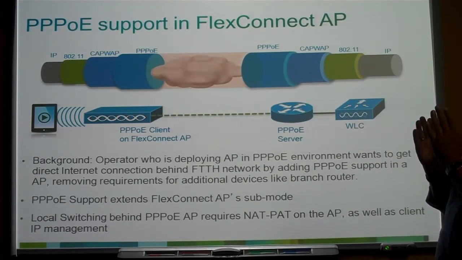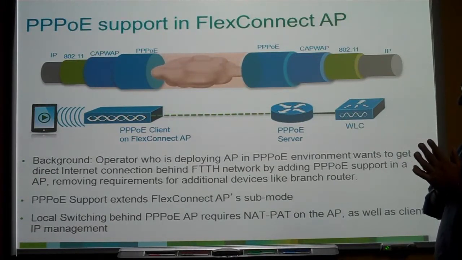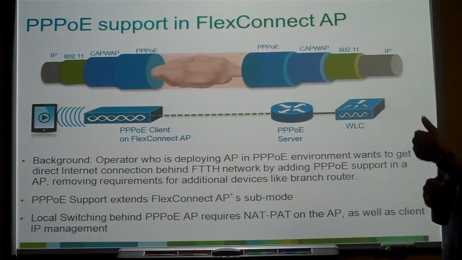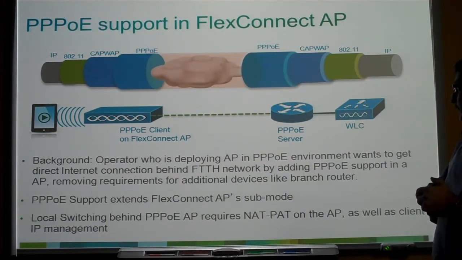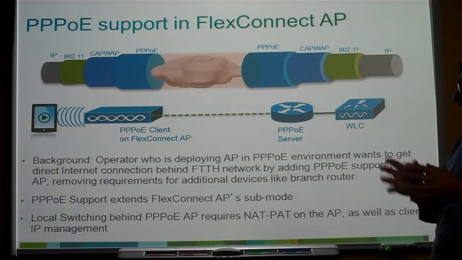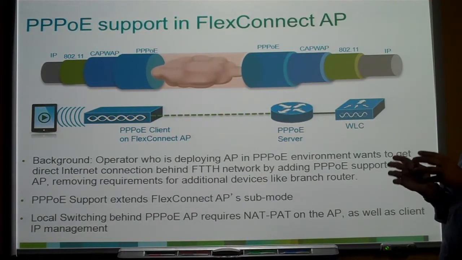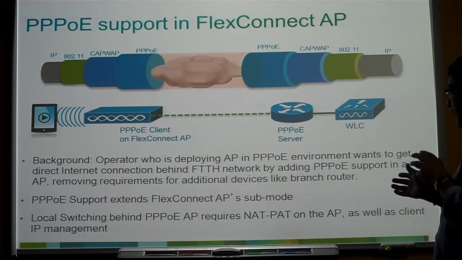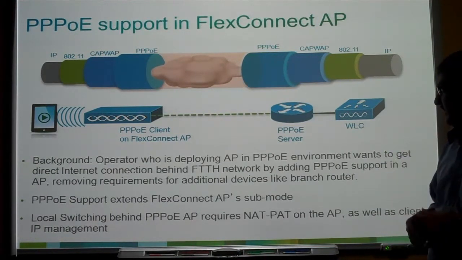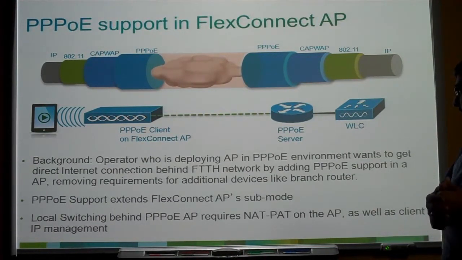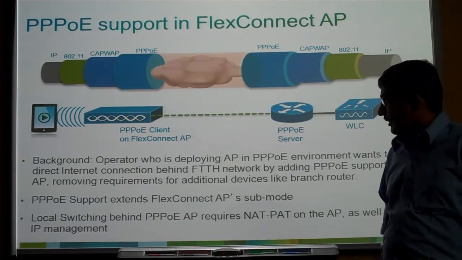The AP in PPPoE submode, which is under FlexConnect mode, can direct the internet connection behind the FTTH network by having the AP act as a PPPoE client, and thereby avoid branch routers.